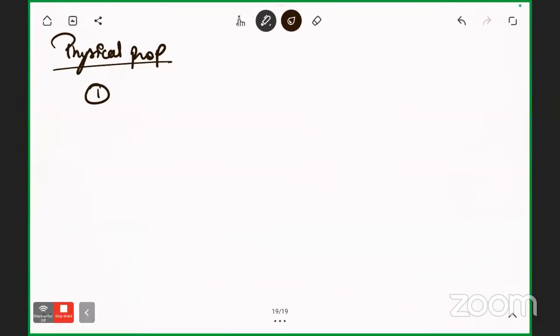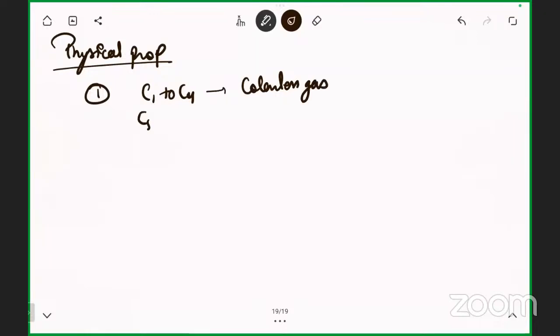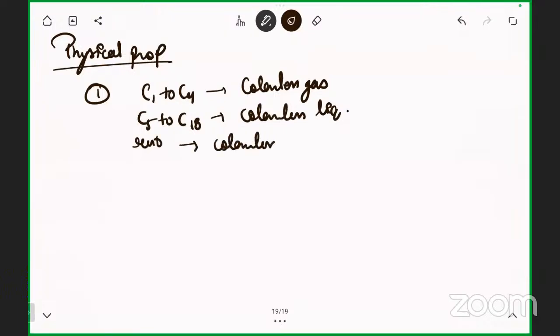Lower carbon compounds, C1 to C4, are generally colorless gases. C5 to C18 are colorless liquids, and the rest are colorless waxy solids. They are generally waxy in nature.